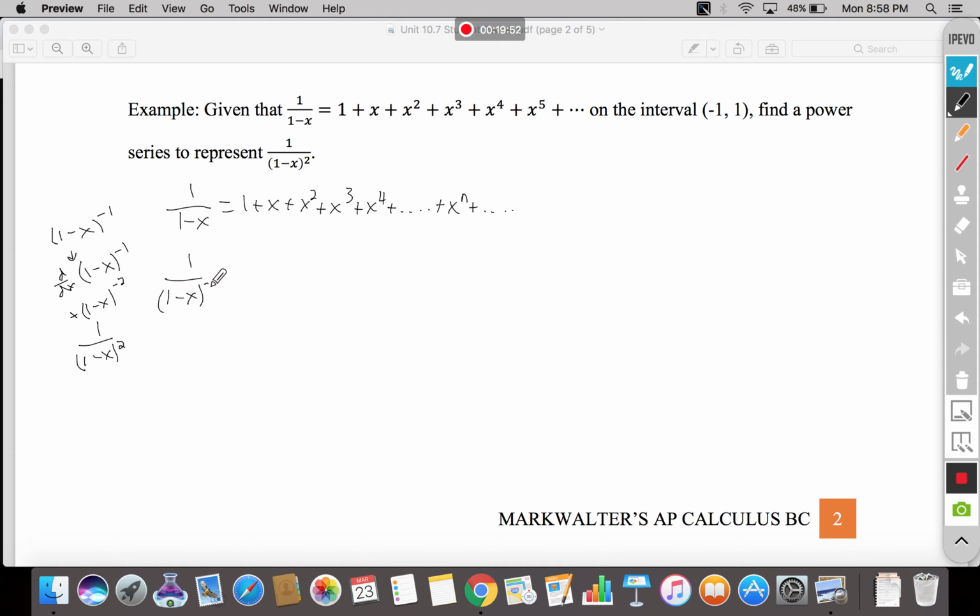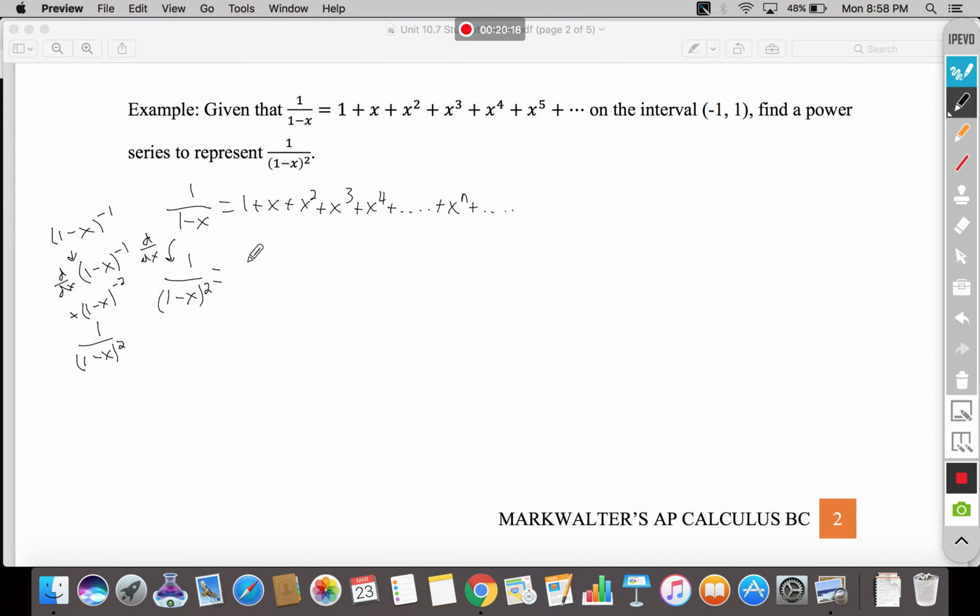So if we take that derivative, I took the derivative of everything on the left side. I should be able to take the derivative of everything on the right-hand side, and it should be equal. In fact, that's how this works. So I'm going to do what's called term-by-term differentiation. The derivative of 1 is 0. We can write that down if we want to, but I'm not.